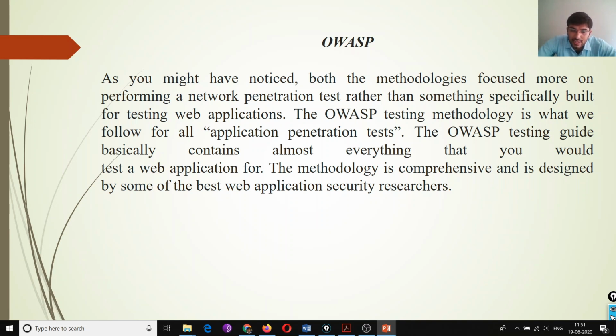OWASP even provides its own virtual machines so that you can practice the OWASP top 10 vulnerabilities on those virtual machines, right? So this is the methodology. We have discussed three methodologies here. First is OSSTMM, second is NIST, third is OWASP.